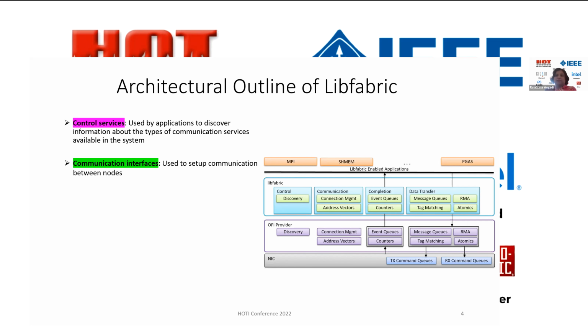It also has something called address vectors that abstract the fabrics, and also abstract the fabric addressing associated with each of these fabrics. By also sharing the addresses, it can also do the address resolution. All these kinds of APIs are bucketed into these communication interfaces.